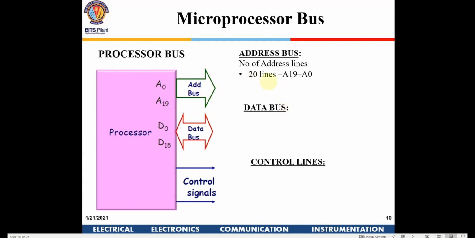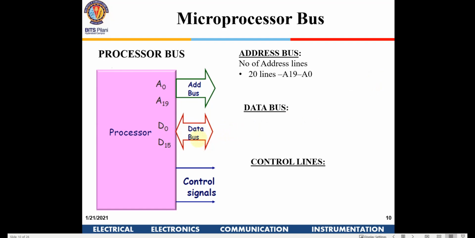Like in 8086, there are 20 lines, so 2 to the power of 20, around 1 mega different memory cells, can be addressed. To access those memory cells you require the address bus. Once you place a 20-bit address, that particular cell will be activated, and then the data from that cell will be brought to the processor through the data bus.